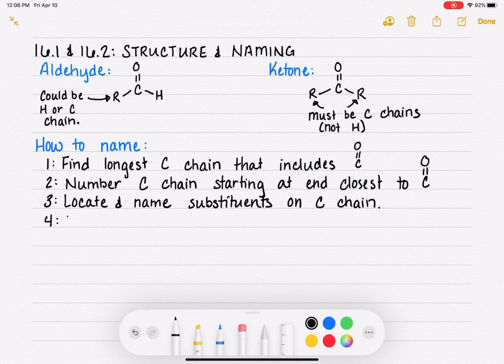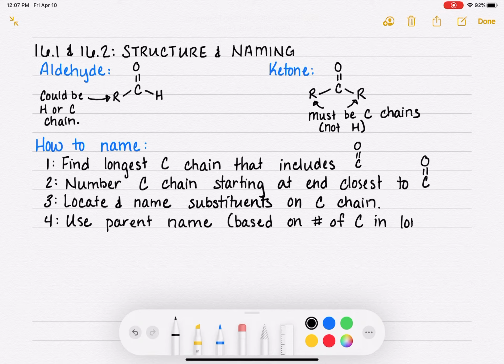So we are going to use the parent name, which is going to be based on how many carbons are in the longest carbon chain.